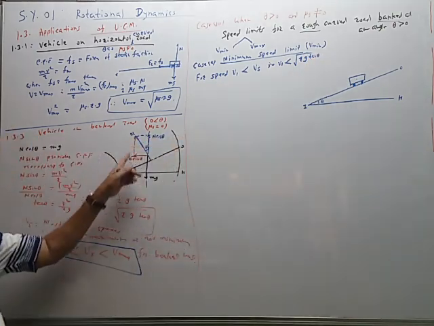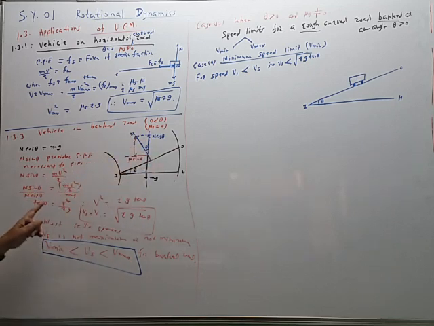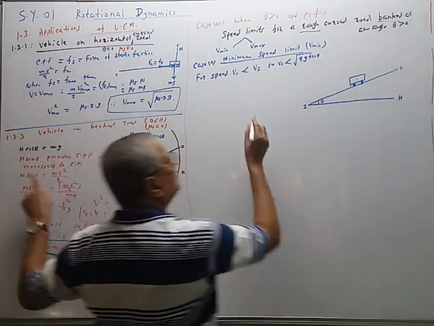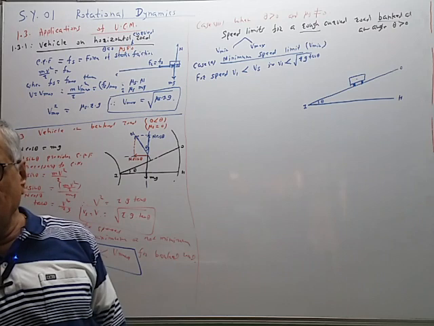So under this condition, by this component resolution method, what is the result? In this case, this V square is less than Rg tan theta. So tan theta is equal to this much. So in this case, this mv square upon R will be greater than N sin theta. Oh sorry, less than.